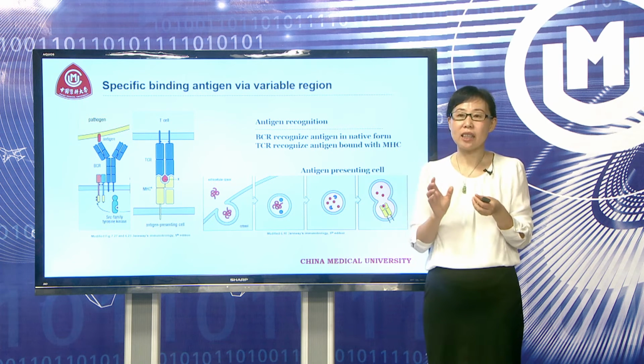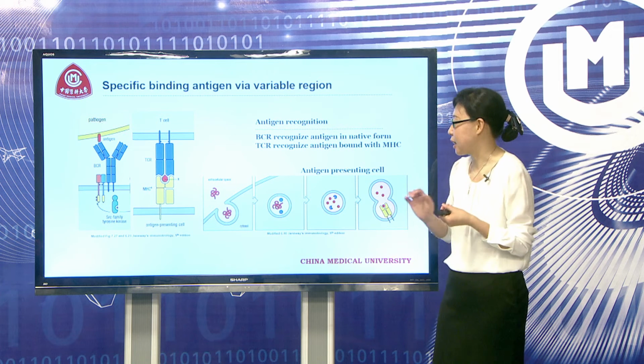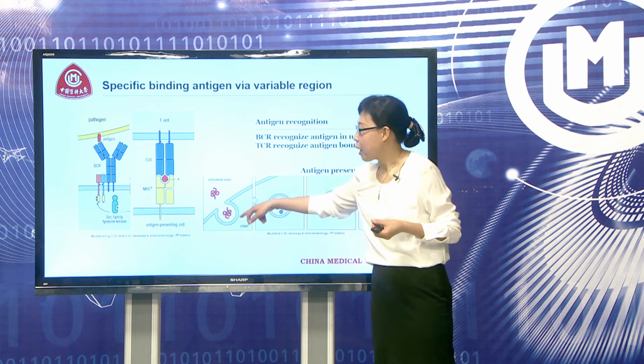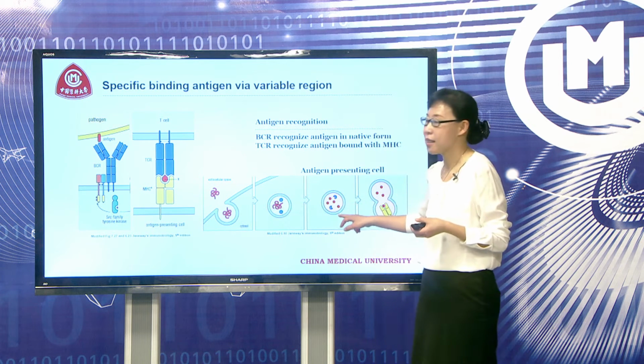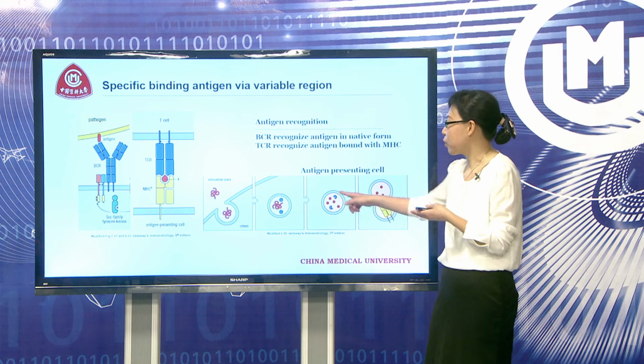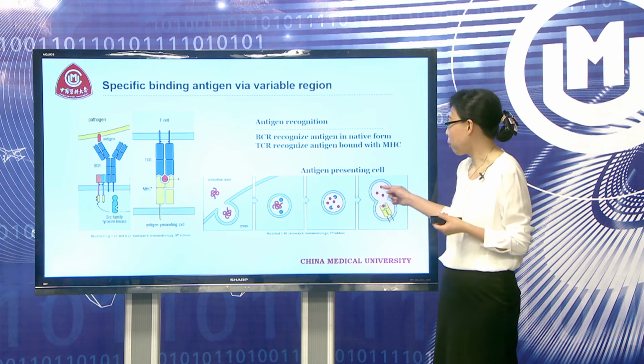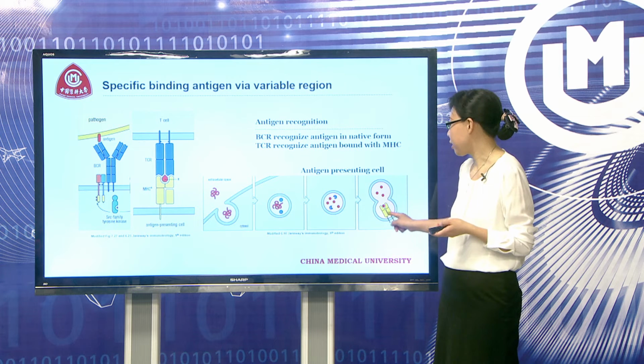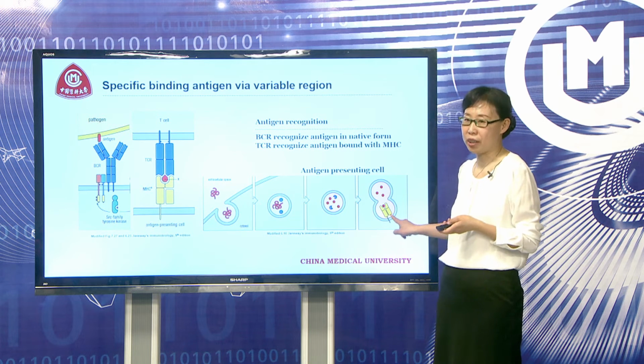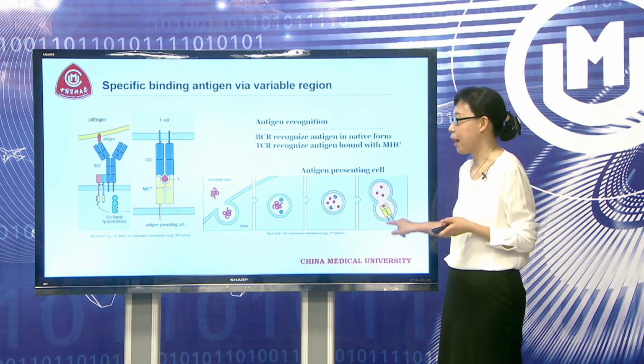When the dendritic cells encounter the antigen, they take up the antigen and process it into small pieces. Then these small peptide pieces bind a molecule called the MHC molecule, and they form a complex.